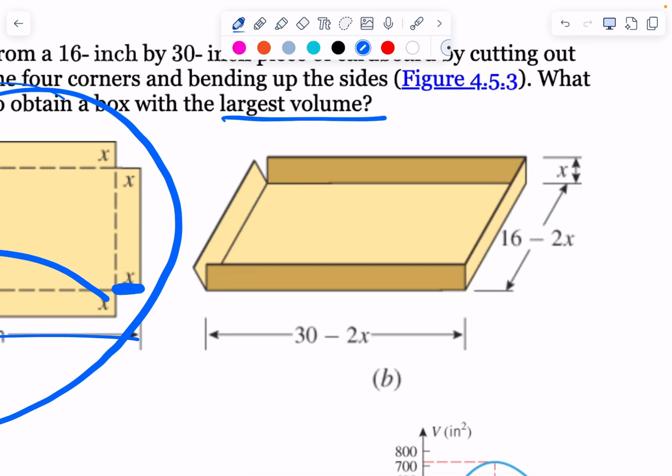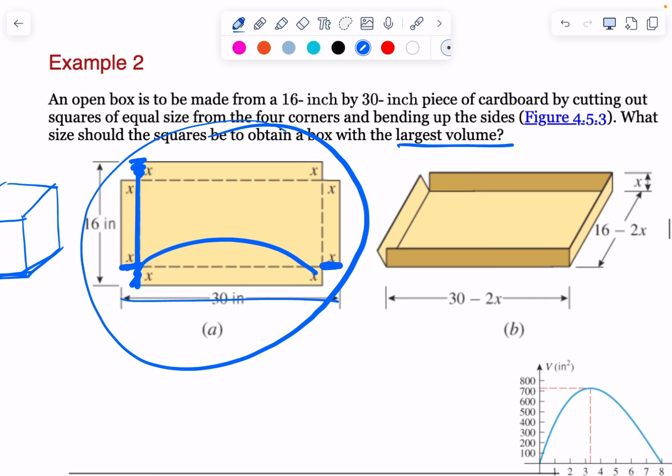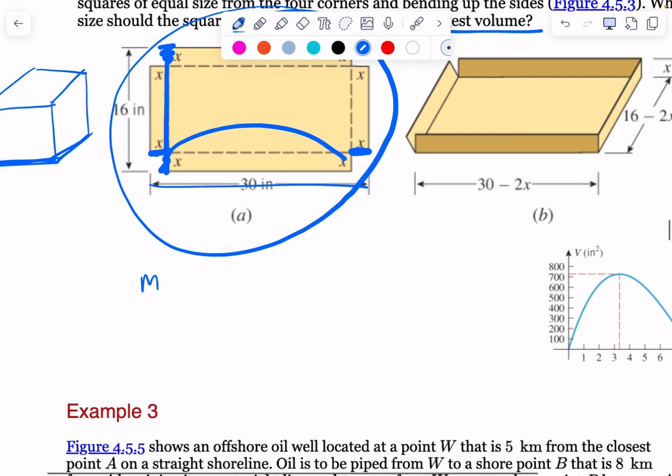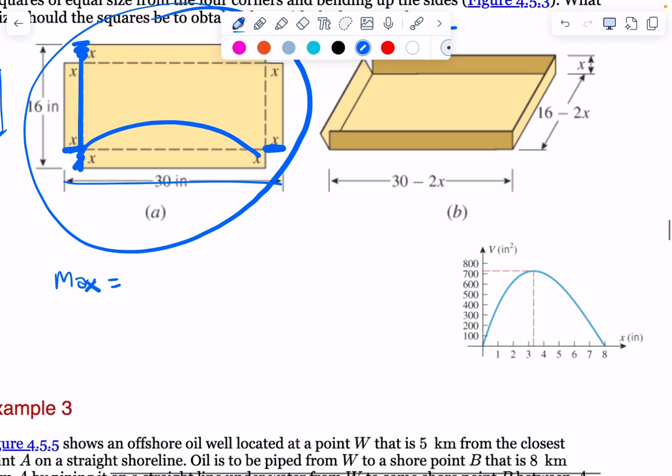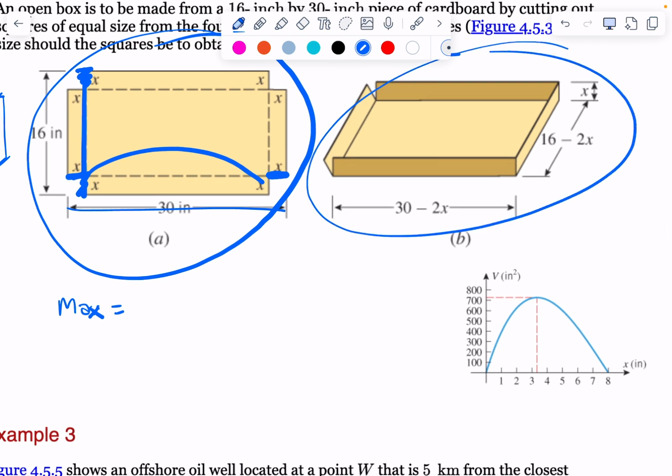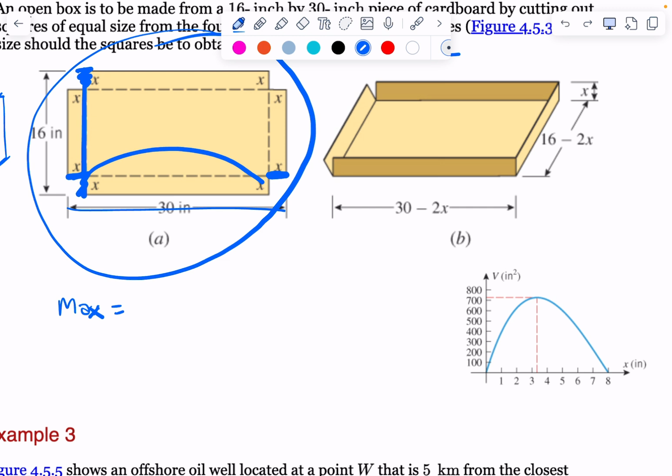Now I think we only have one formula here. We don't even have to worry about the perimeter because it's already included. The piece was 16 by 30. So we really only have our maximum volume, and I need to find volume. How do I find the volume of this thing? Does it matter that there's not a top on it for volume? No, for surface area it would, but for volume it doesn't.